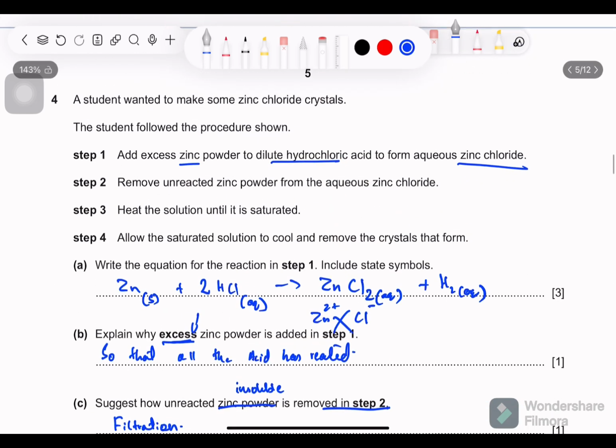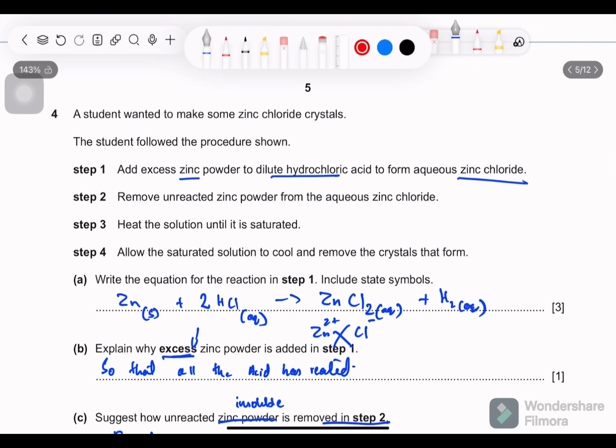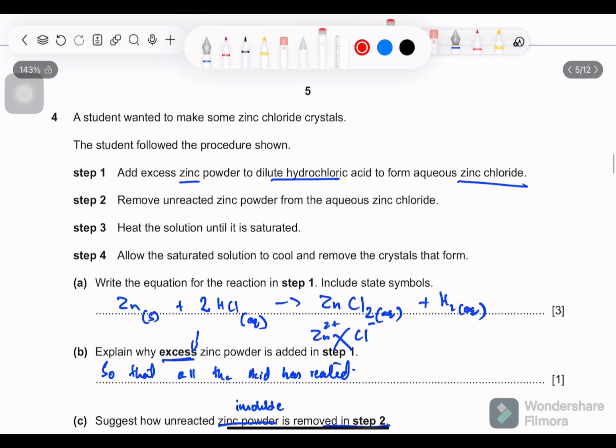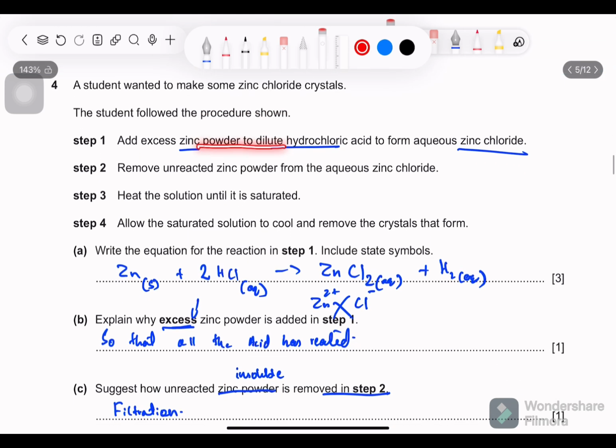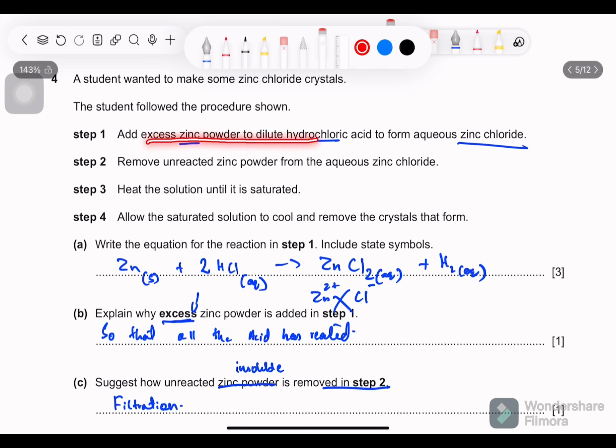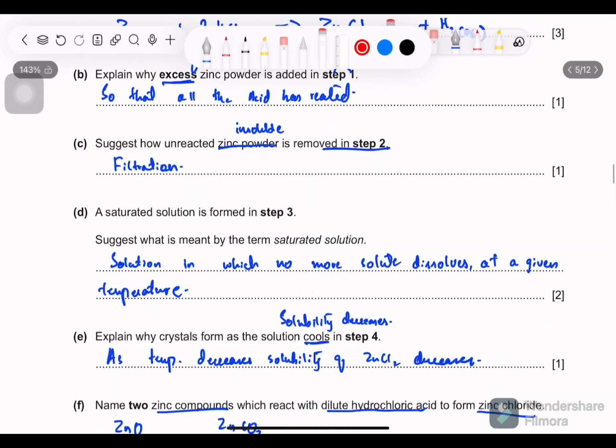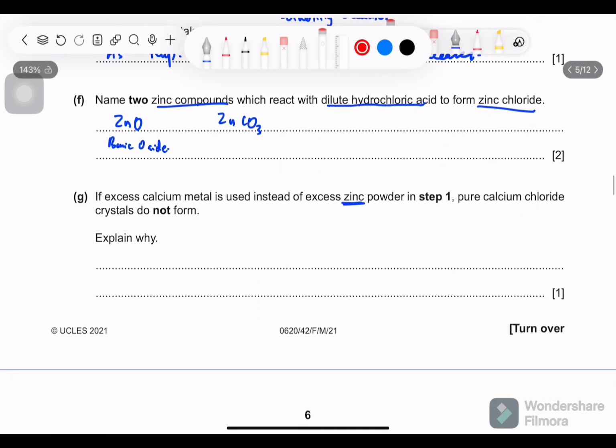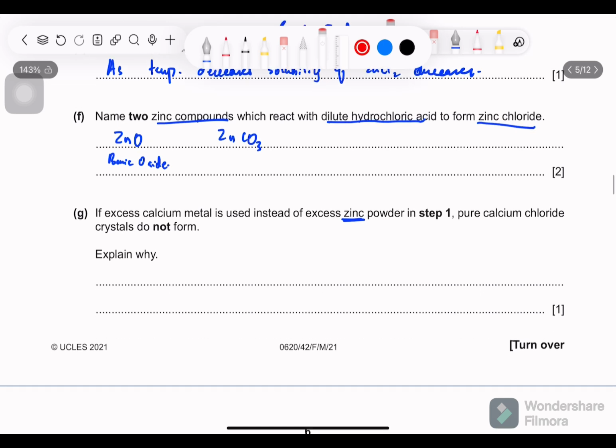Let's look at the stem of the question again. A student wanted to make some zinc chloride crystals. The student followed the procedure: add excess zinc powder to dilute HCl to form aqueous zinc chloride. Okay, so dilute HCl means water has been added. Zinc reacts with acid to form the zinc chloride.